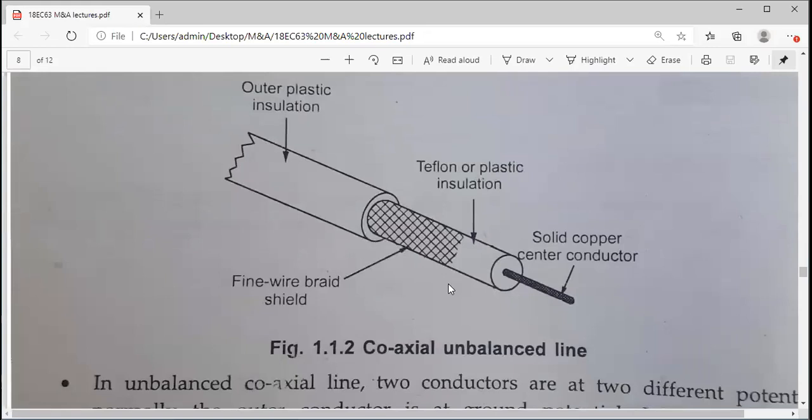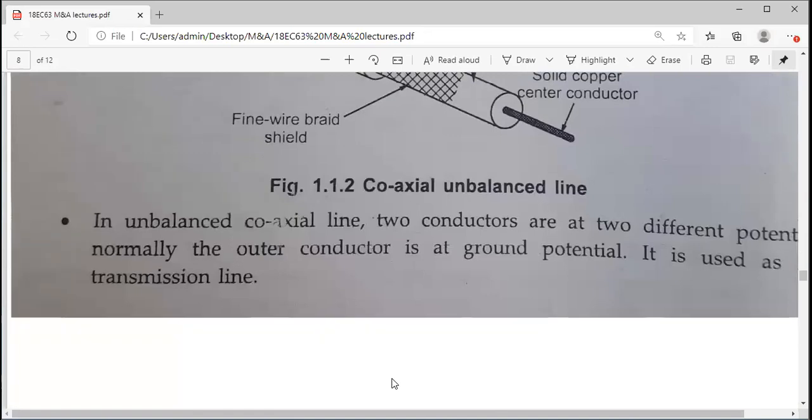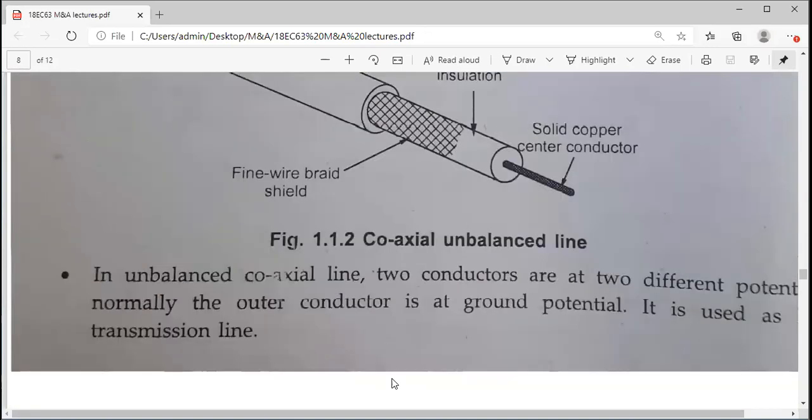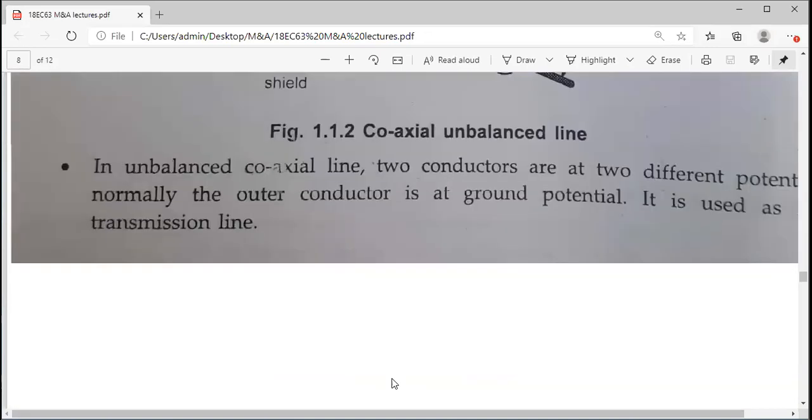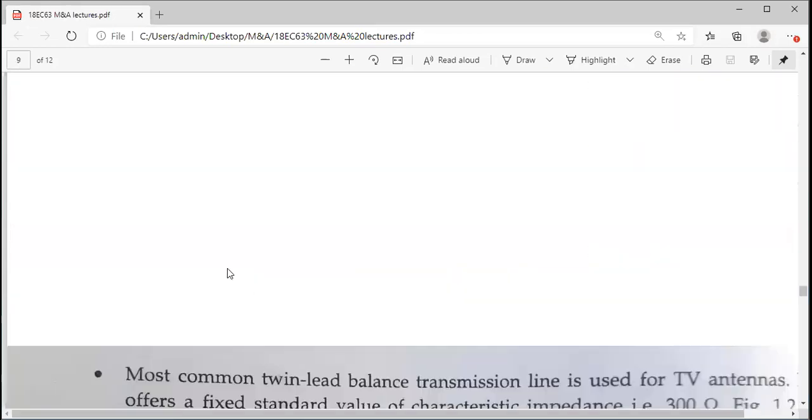I think in your homes, on TV sets, you can find this coaxial line, wherein the structure has two cylindrical conductors, one inside the other, the inside part and the outside part. In between, they'll have some insulation. So there are basically two types of transmission lines, balanced and unbalanced. This is a general categorization.